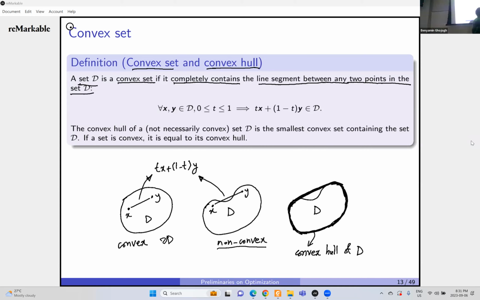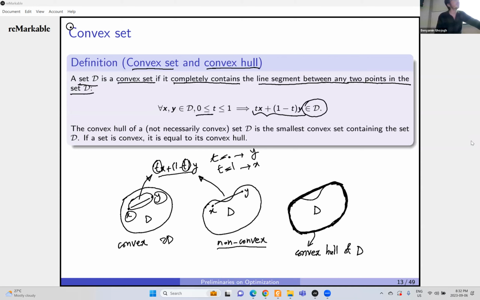If you set t to 0, this becomes y. If you set t to 1, this becomes x. So if you change t between 0 and 1, you are moving on this line. If this line is completely contained in D for t between 0 and 1, then it's in the set. Then this is the definition of a convex set.